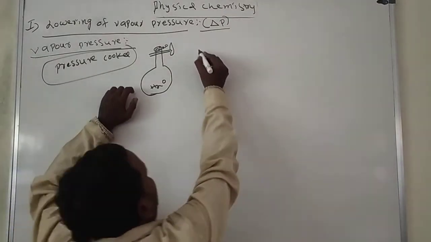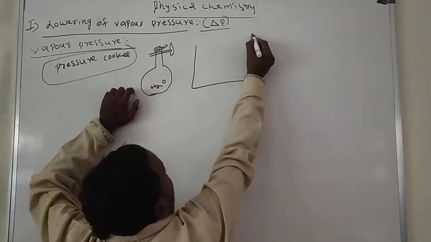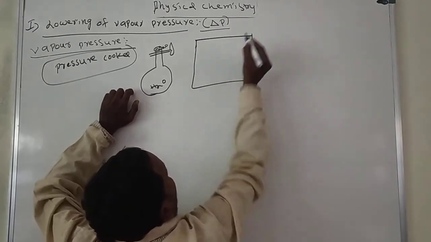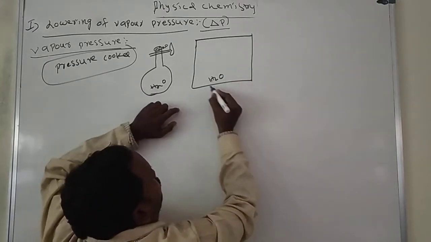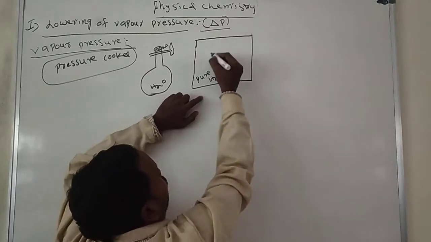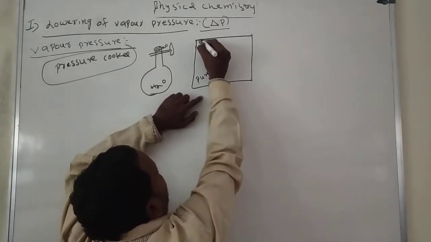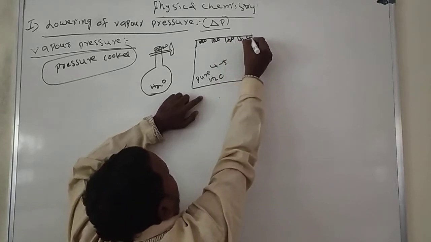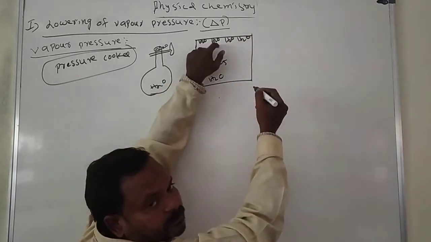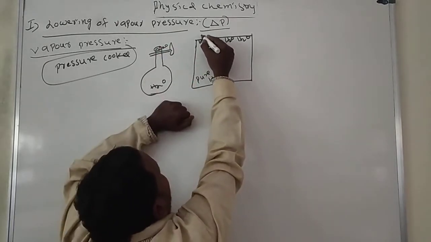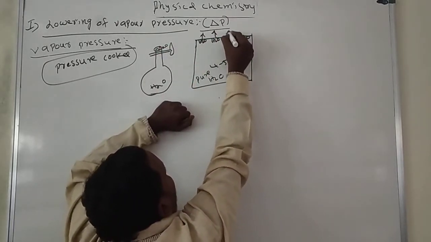Here I am explaining by taking one more example. This is one container. Here I am taking water, pure water. After 4 or 5 days, some of the water particles present on the surface of this container exert some pressure.